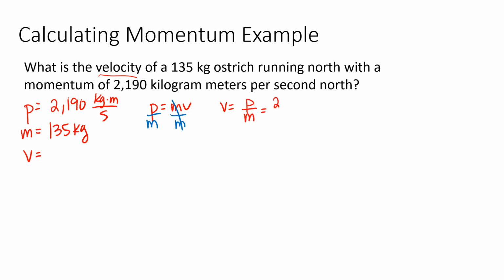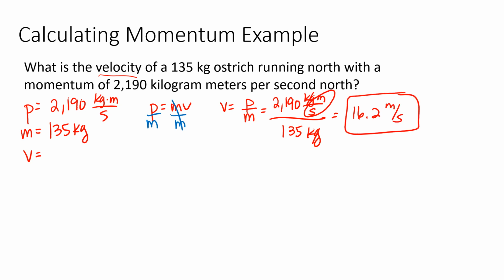So my momentum is 2,190 kilograms times meter per second, divided by 135 kilograms. Here you can easily see that kilograms cancels out. This is going to leave us with 16.2, and the only units we have left are meters per second. So this ostrich is able to run 16.2 meters per second.